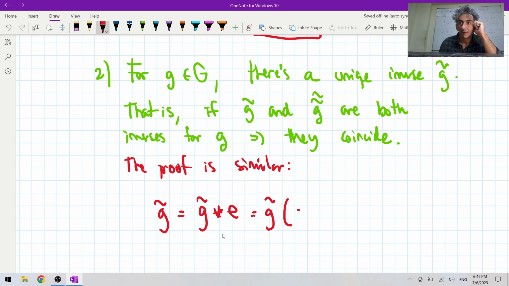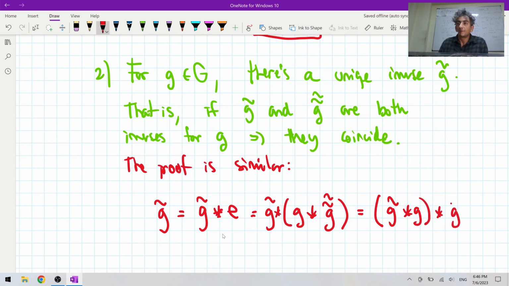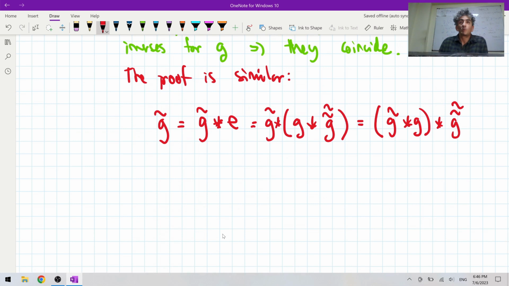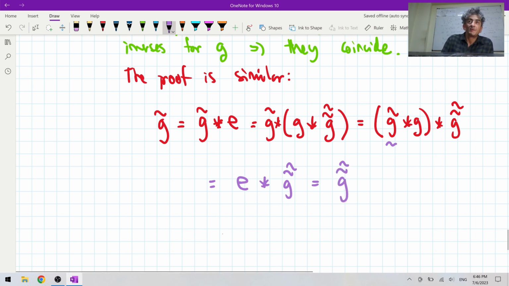Since the operation is associative, we can associate this like this. And now we use that G tilde is the inverse. So this gives E star G tilde tilde, and since E is the identity, we derive that G tilde has to coincide with G tilde tilde.